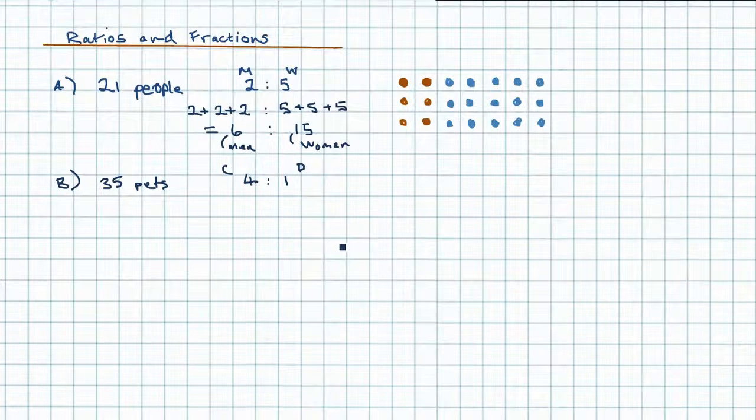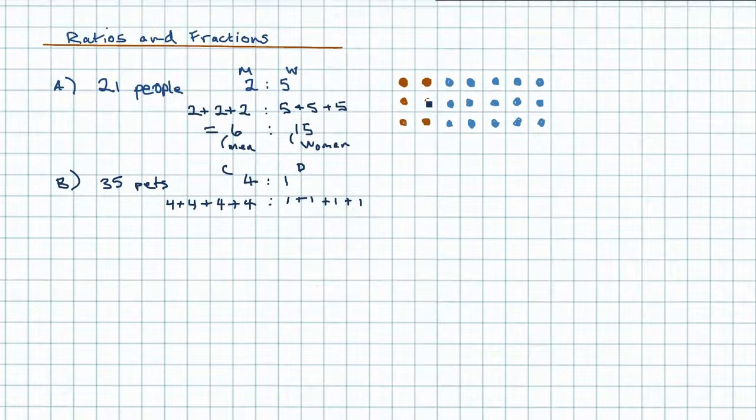So let's see if we can use the same sort of method we had here. You could try the visual method as well, but let's just try this method. So first of all, let's add 4 and 4. Then we've got 1, add 1. Well, that's not going to get us anywhere near 35, so I'm going to add a few more 4s onto this left-hand side and a few more 1s on here.